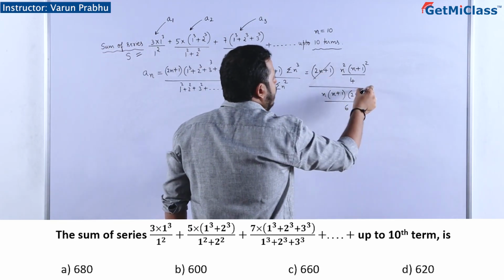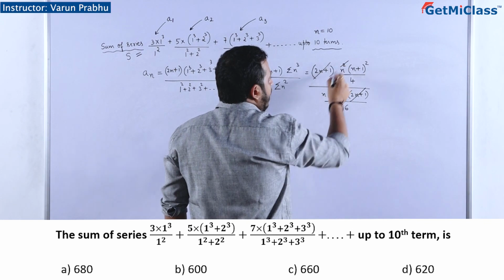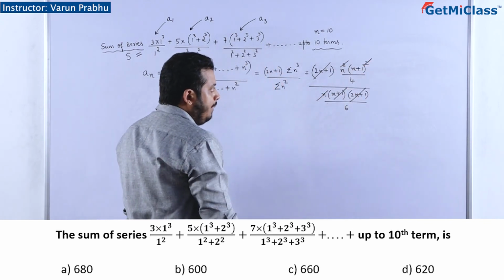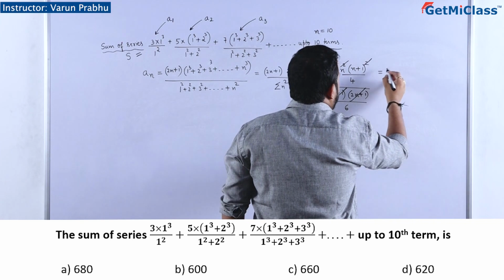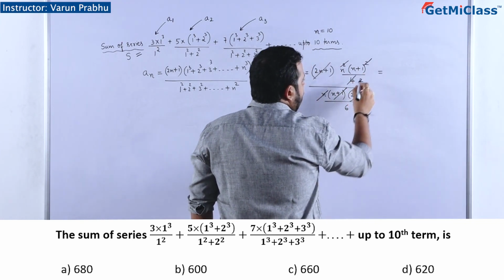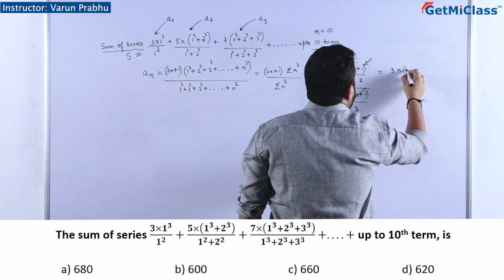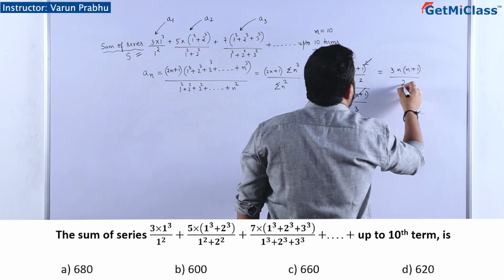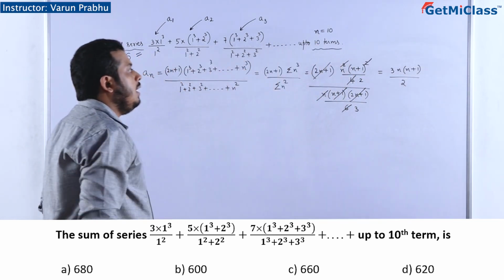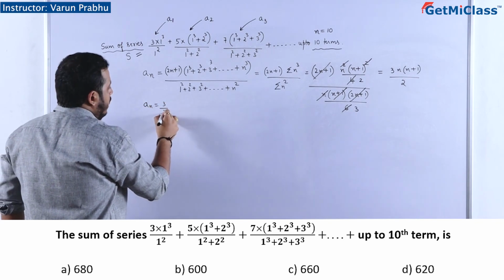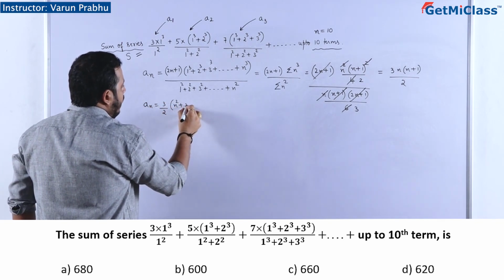Your 2n plus 1 will get cancelled, n will get cancelled with n, n plus 1 will get cancelled with n plus 1. So you are left with, 2 2s are 4, 2 3s are 6, so we are left with 3n into n plus 1 divided by 2. Or in other words, an is equal to 3 by 2 multiplied with n square plus n.